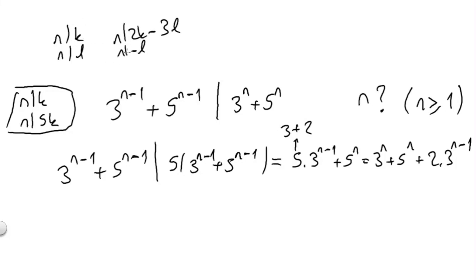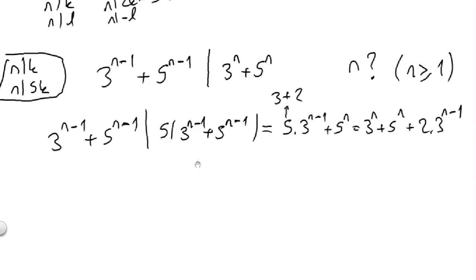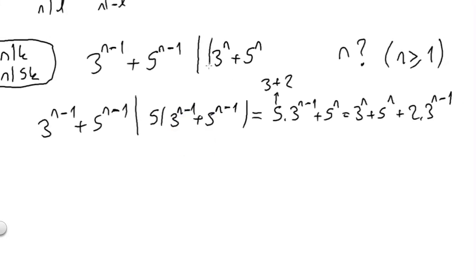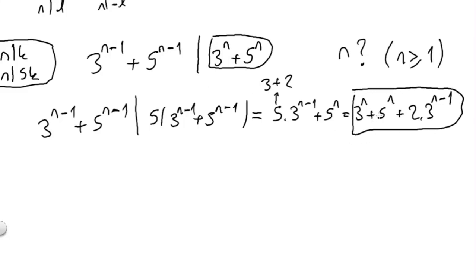It goes like this, and therefore, since it divides this left hand side, and it also divides this thing, I can subtract them, and I can say that 3 to the n minus 1 plus 5 to the n minus 1 divides 2 times 3 to the n minus 1.